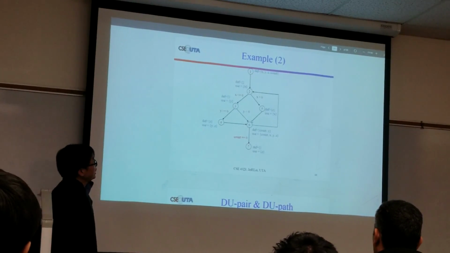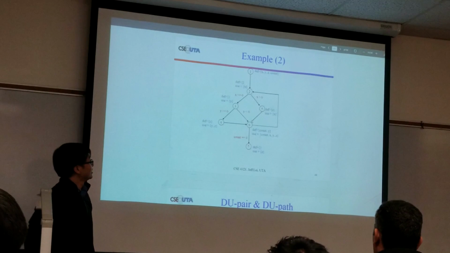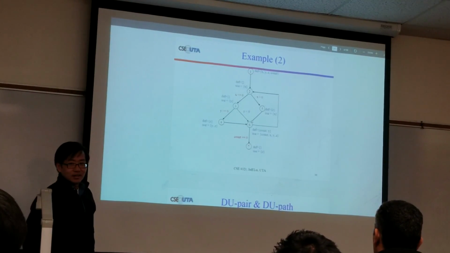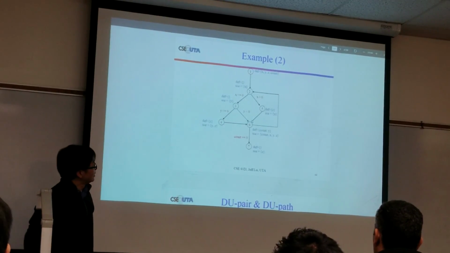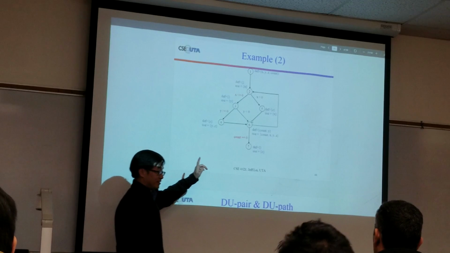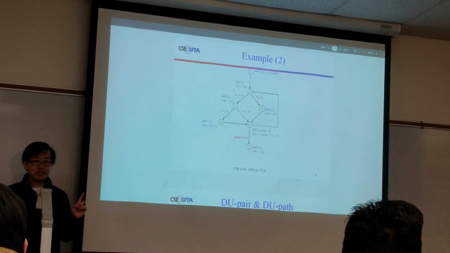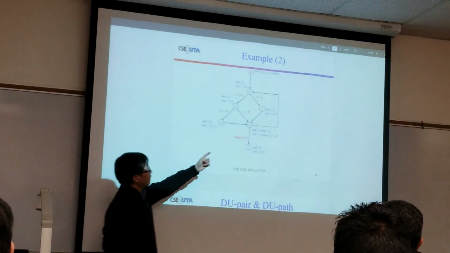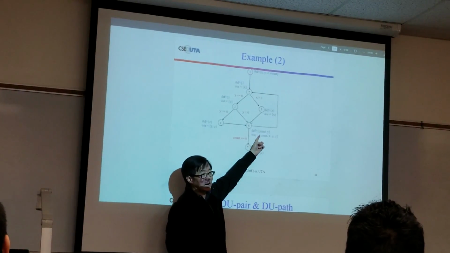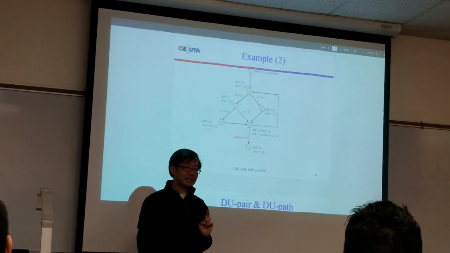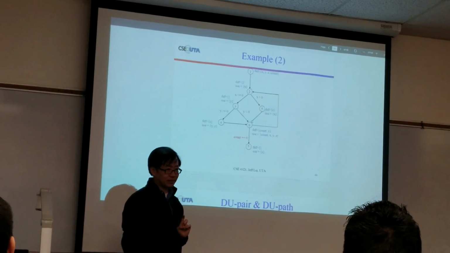Is it definitely for y? Why not? The y at the end. Again, that comes to the point I mentioned earlier. This variable y can appear in both the def set and also the use set.